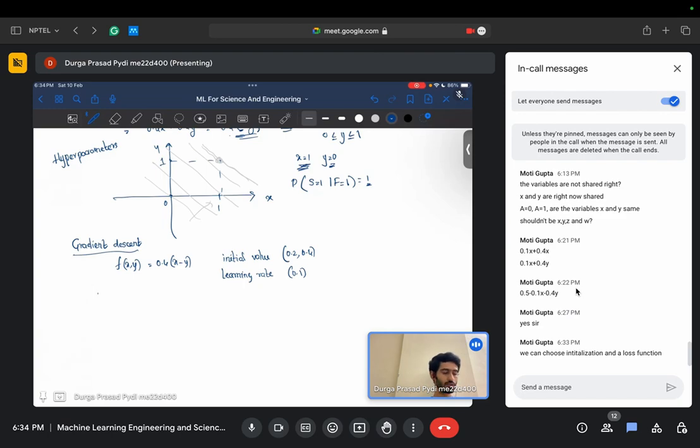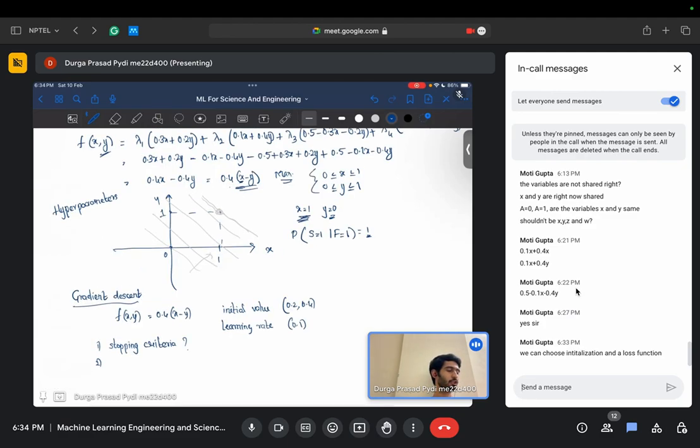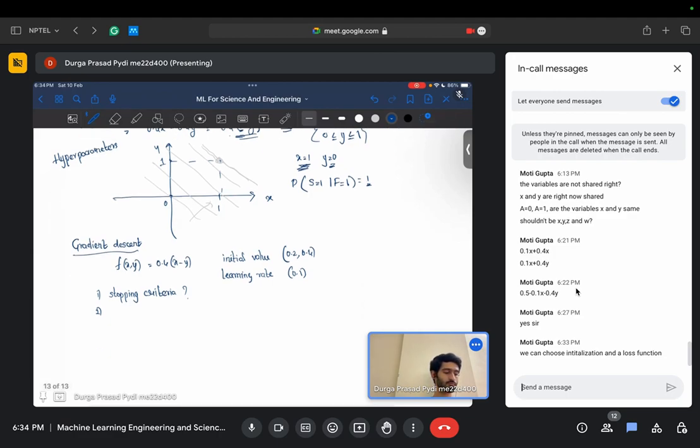First one, what will be your stopping criteria? Second one, how do you incorporate the fact that both x and y need to be 0 to 1? x cannot be any number, it has to be between 0 and 1. y also cannot be any number, it has to be between 0 and 1. How do you incorporate this information into your gradient descent?